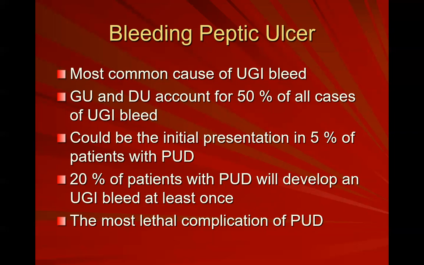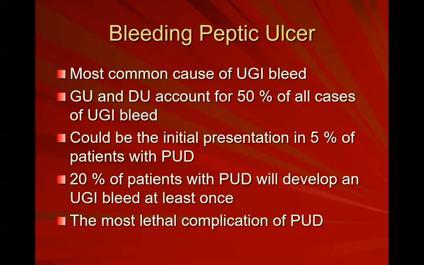Bleeding is more common, and the most lethal consequence of the peptic ulcer, especially if it was in the lesser curvature of the stomach, would be due to bleeding. Perforation can be dangerous as well, but it wouldn't be as lethal as the bleeding.